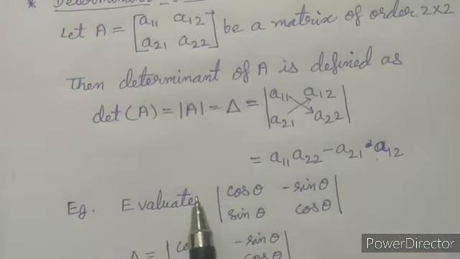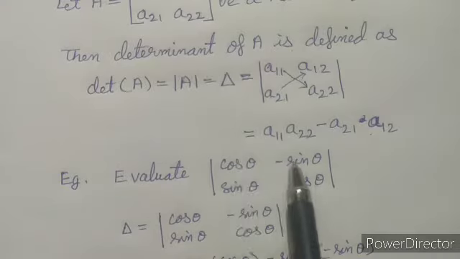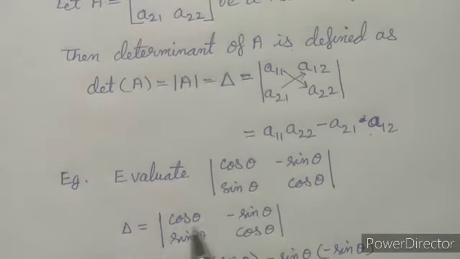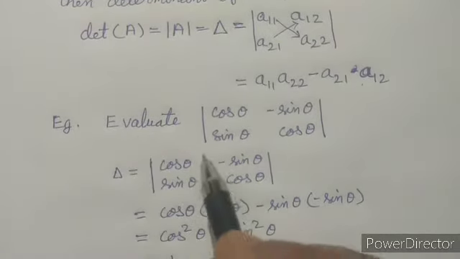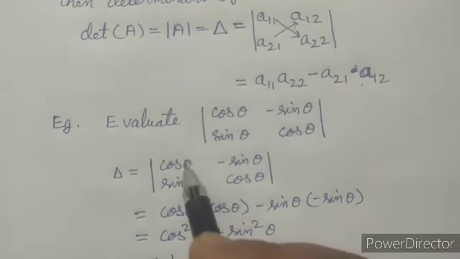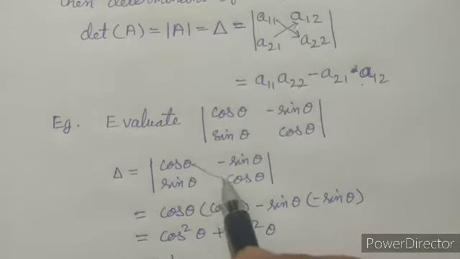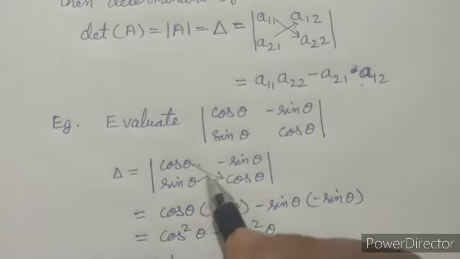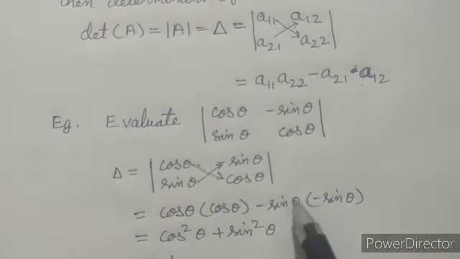Now, let us take an example. We have to find the determinant of cos theta, minus sin theta, sin theta, cos theta. The delta is given to us and we have to evaluate it. Now, this will be equal to A11 multiplied with A22, that means cos theta into cos theta, minus sin theta into minus sin theta.